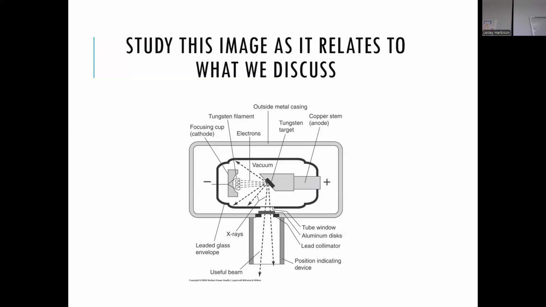So what you're moving around is basically a big container of oil with this glass tube inside. The oil helps to absorb heat. Most of what is produced in this whole process is heat and a little bit of X-rays. That's why there's the copper stem and this oil-filled housing, all to insulate and absorb the heat.